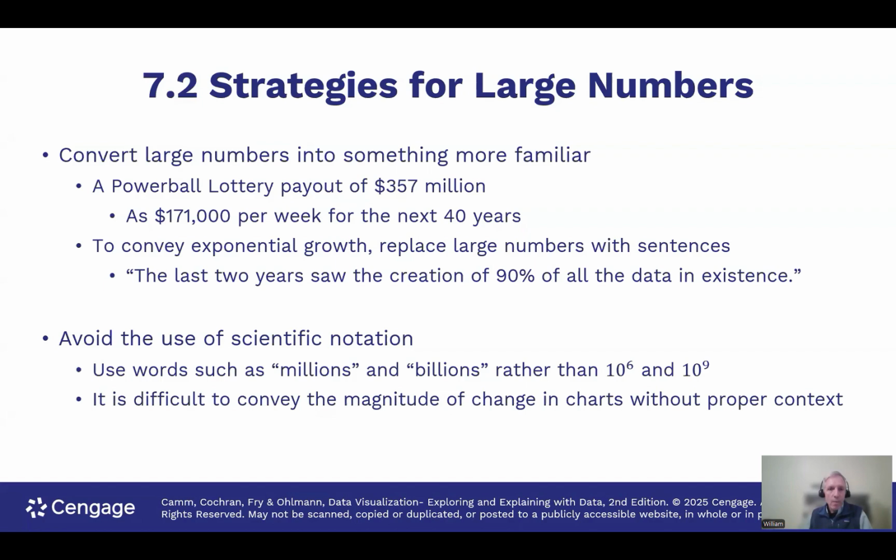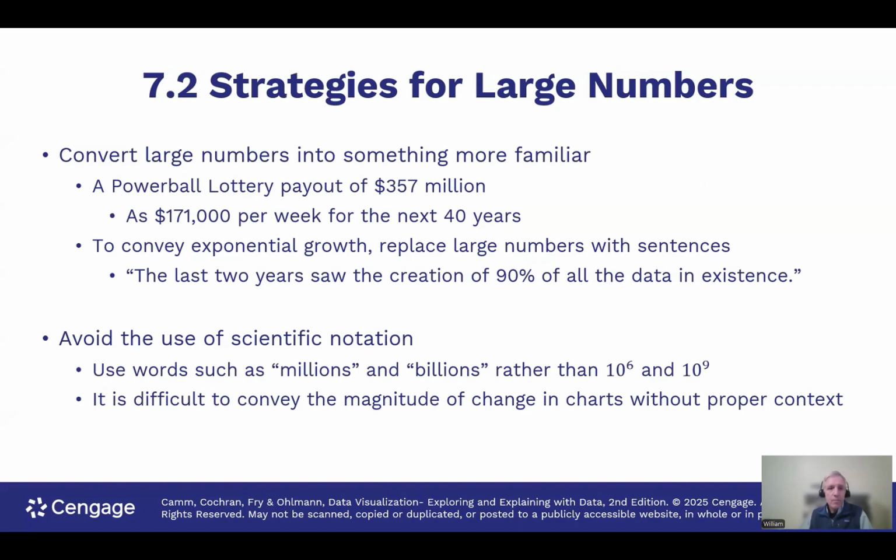However, if I instead cast that as $171,000 per week for the next 40 years, that's more concrete. I can imagine what $171,000 is, and boy, getting that every week for 40 years, that's a big number. I know 357 million is a big number, but it's way too abstract. $171,000 per week for 40 years is pretty concrete.